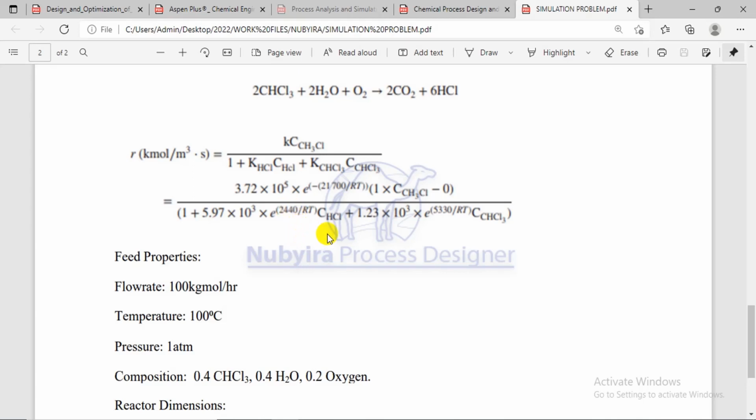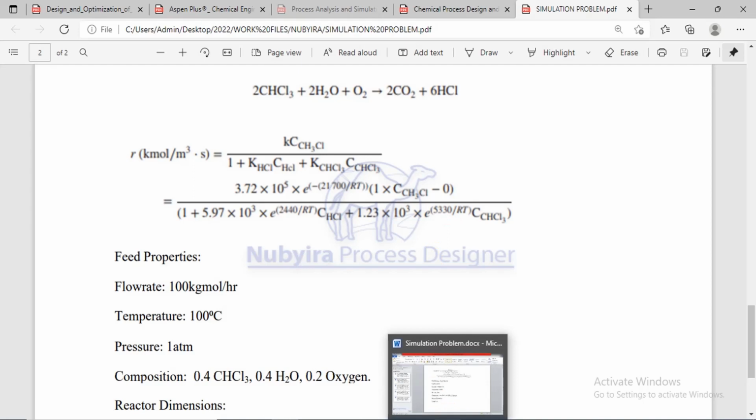EA will now be equal to minus 2440. Like in the case of the numerator, minus EA is equal to minus 21,700, therefore EA will be equal to 21,700. But in this case, you have minus EA is equal to 2440. Therefore EA will be minus 2440, and EA will be minus 5330 for this other one.